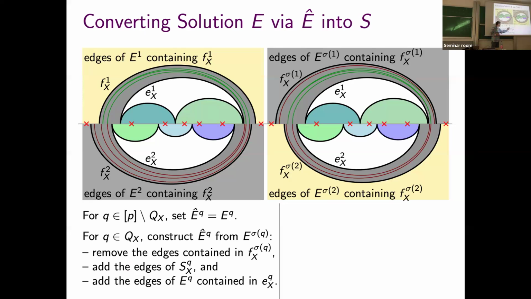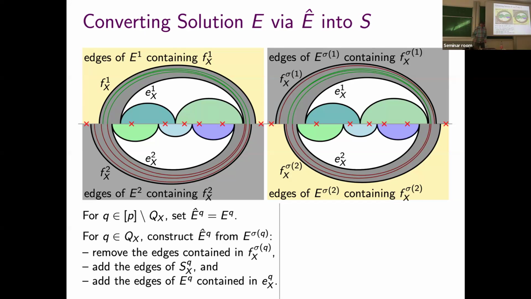We modify what we have. How do we do it? We remove those edges that are contained in the outer edge. We add the edges of our solution, SXQ, and we add the edges that are contained in the inner edge.